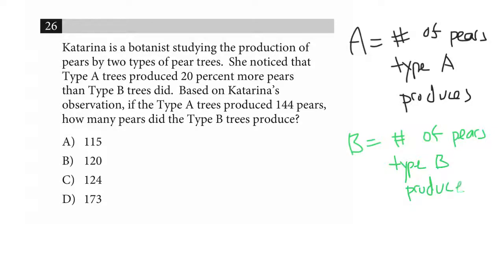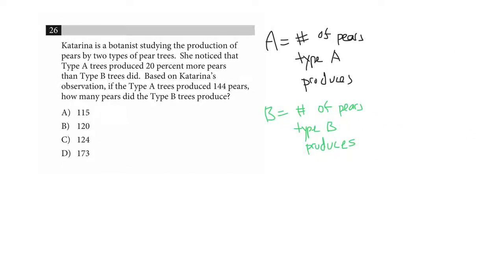So what we have learned from the problem is that type A produces 20% more pears than type B produces. So we've learned extra information about this one for sure.